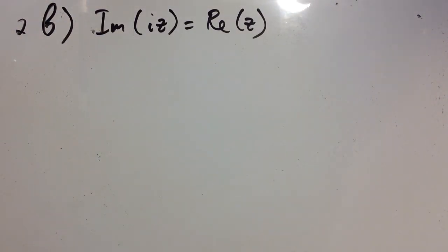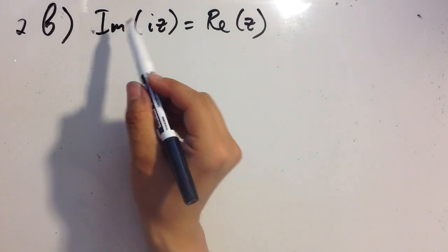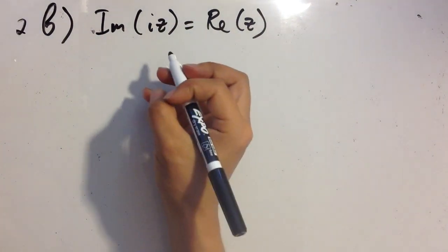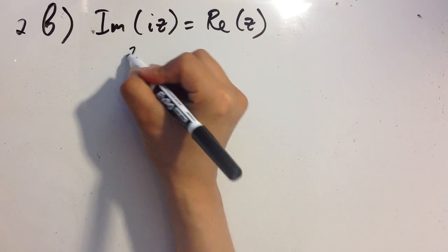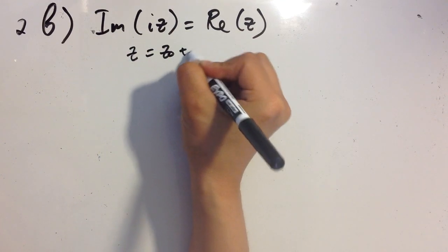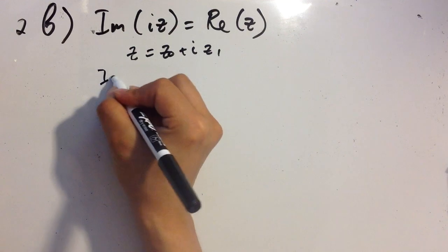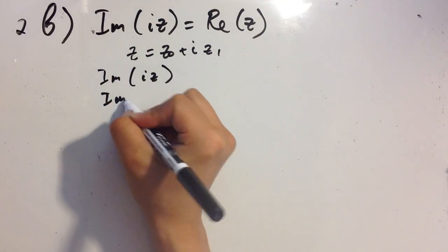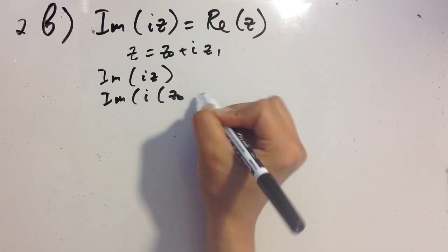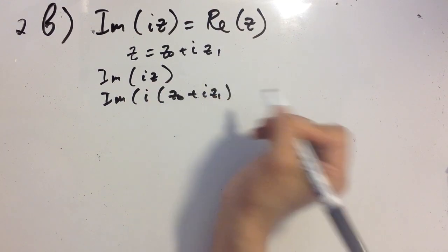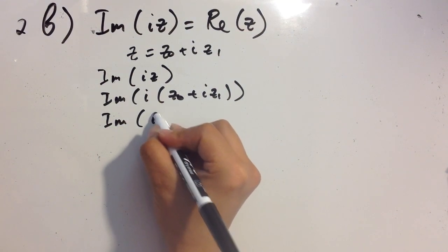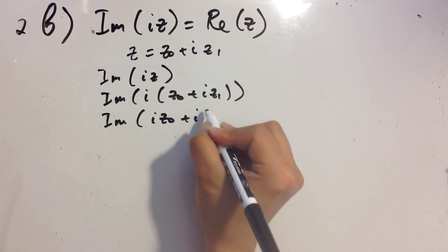Part B asks us to show that the imaginary part of i times z is equal to the real part of z. So in this case, z is once again z0 plus i z1. Then the imaginary part of i z is going to be i times z0 plus i z1. Multiplying i through, I get i z0 plus i squared z1.